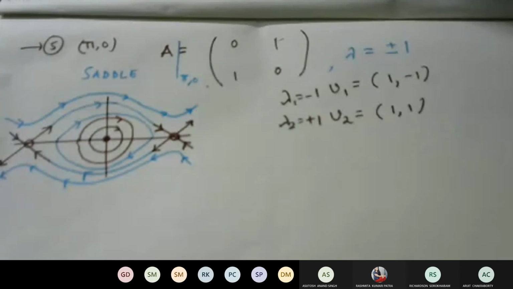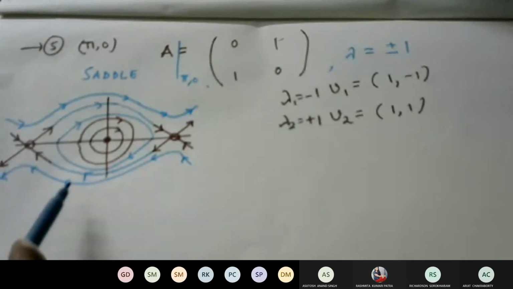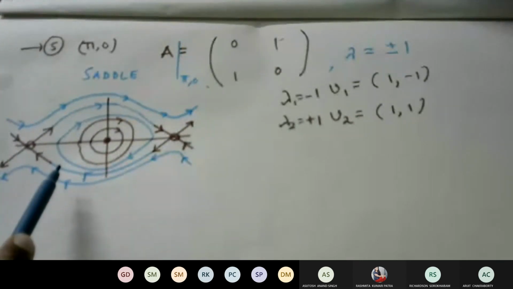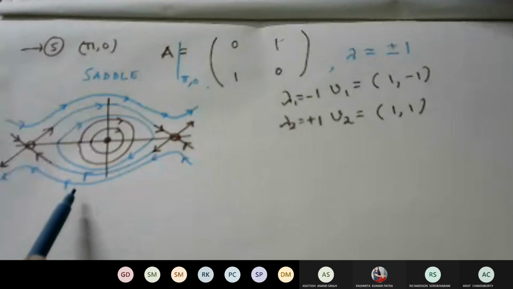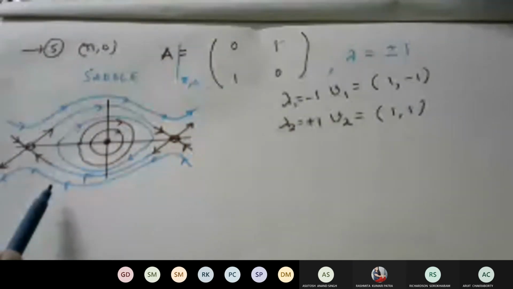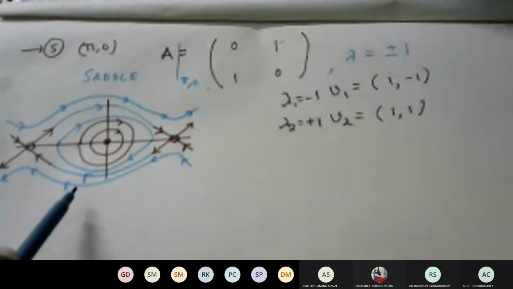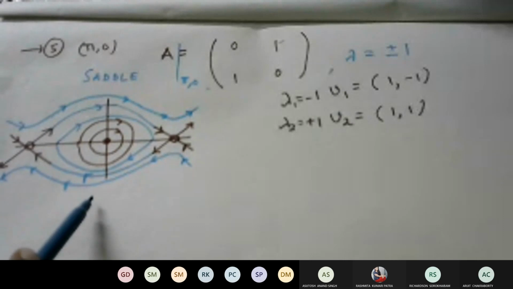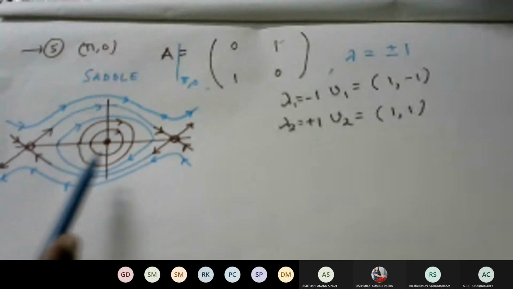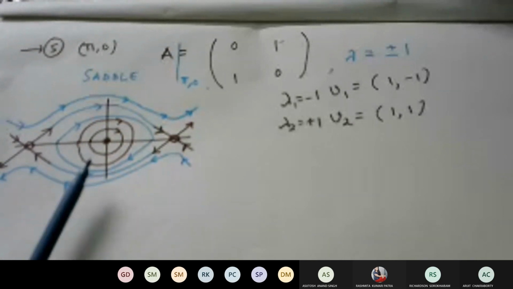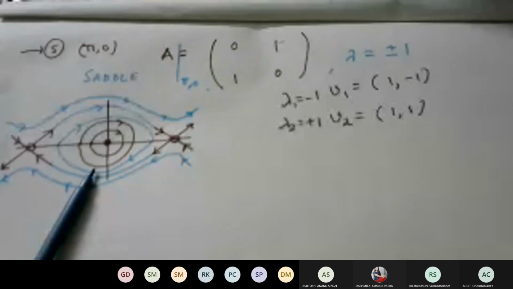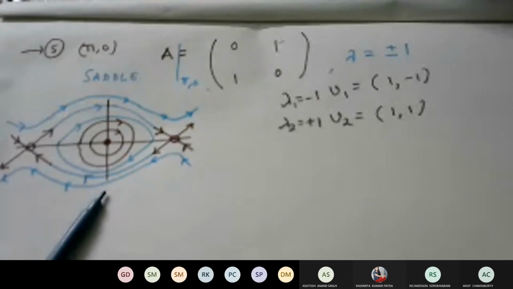Now comes the physical interpretation. So push yourselves and try to understand what is exactly happening at these stable and unstable manifolds. These stable and unstable manifolds are really interesting because they are basically separating out the oscillatory behavior that we usually see in a pendulum from something else.